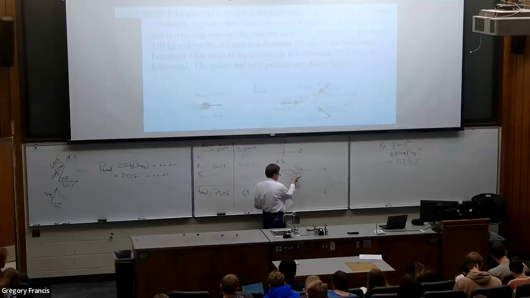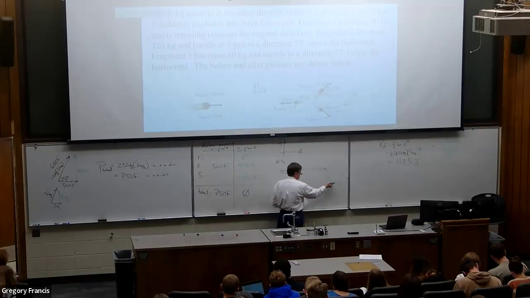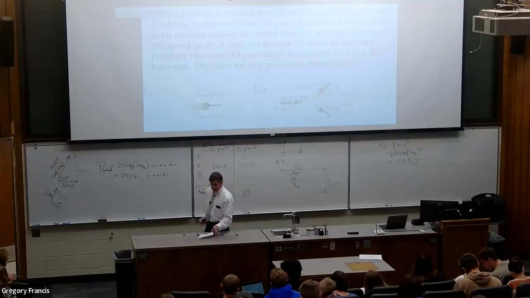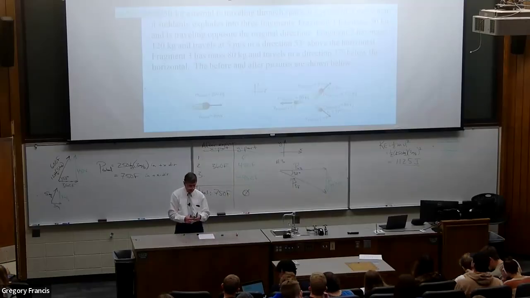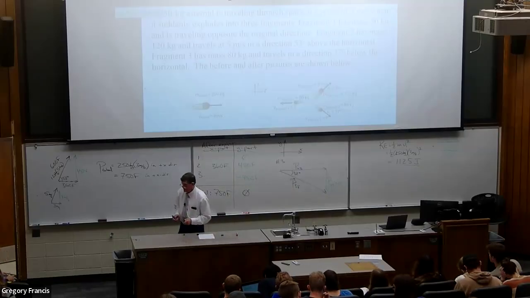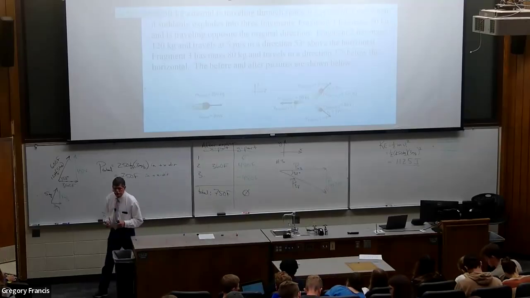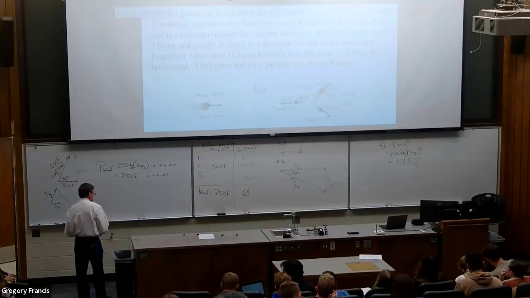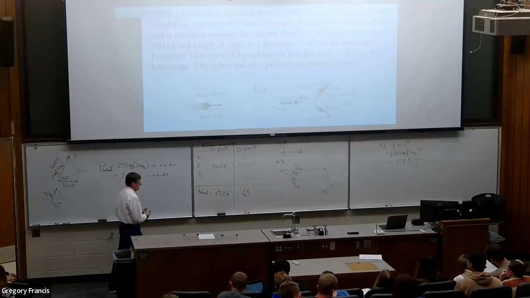If I know this is 37 degrees and I know the opposite side, what trig function is going to help me find the adjacent side? Tell your neighbor, what trig function compares the opposite side and the adjacent side?